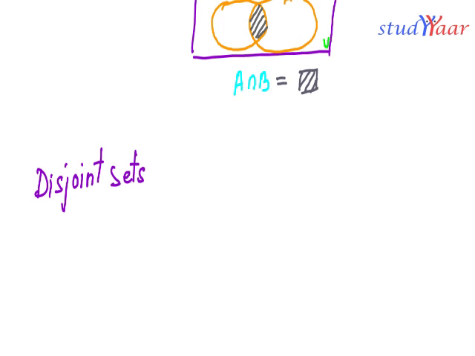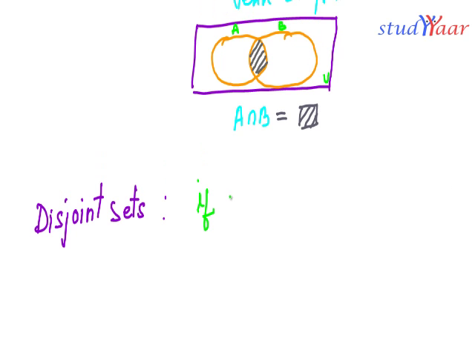I say that two sets are disjoint if their intersection is an empty set. If A intersection B is an empty set, then I say A and B are disjoint.